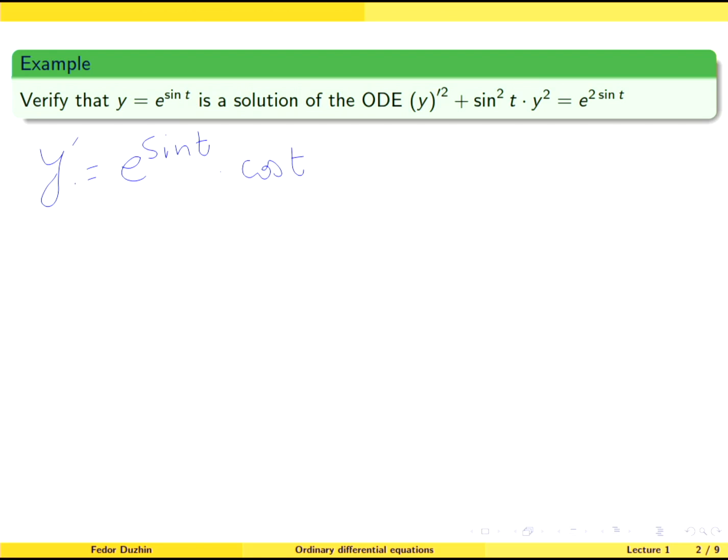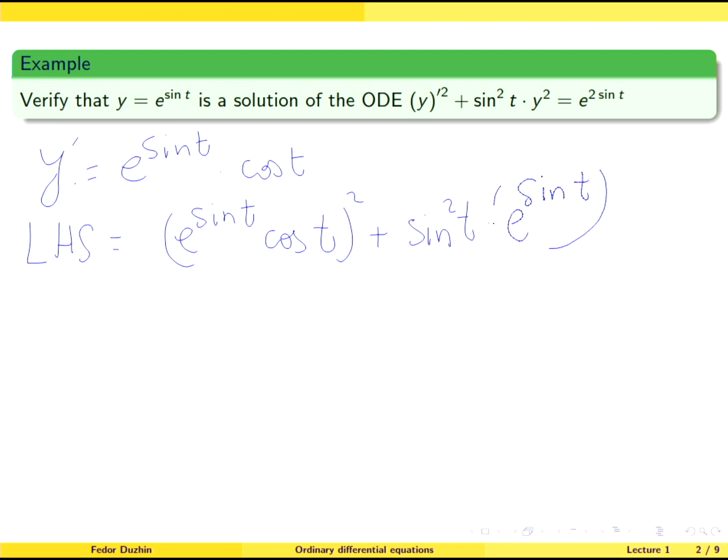Okay, so then the left-hand side of our differential equation is y prime squared. So y prime squared is (e to the sine t cos t) squared plus sine squared t times y squared. Y is e to the sine t, so (e to the sine t) squared.